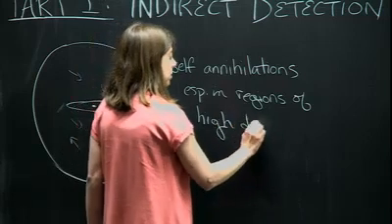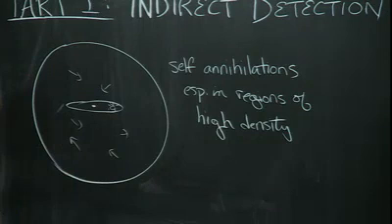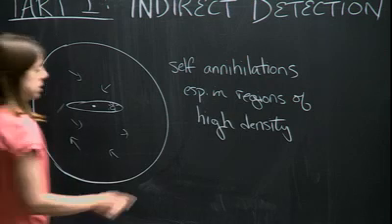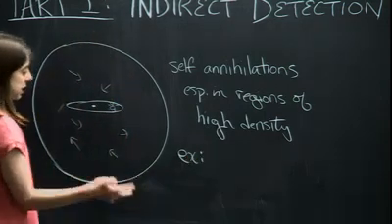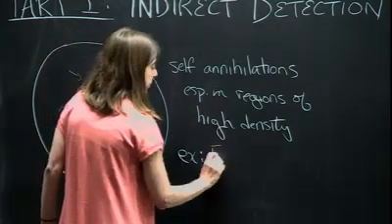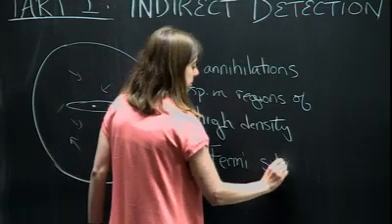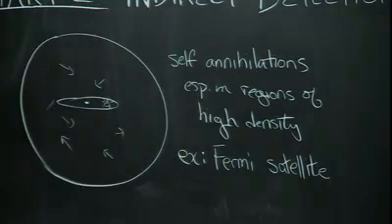The purpose of these types of experiments is to look for the standard model products that you would get from these annihilations. Probably the leading experiment right now is the Fermi satellite. But there are also a lot of Cherenkov telescopes, ground-based telescopes, that are looking for this.